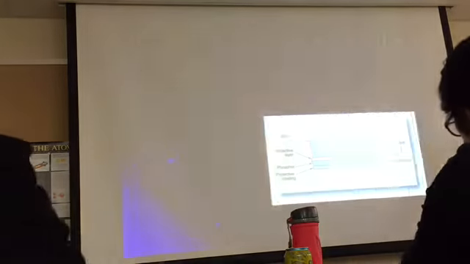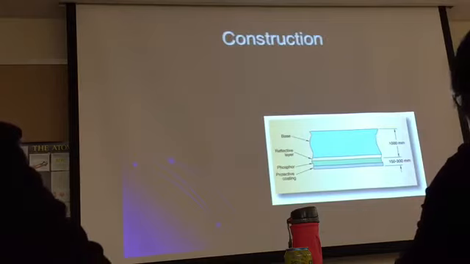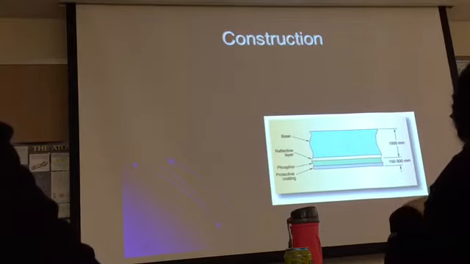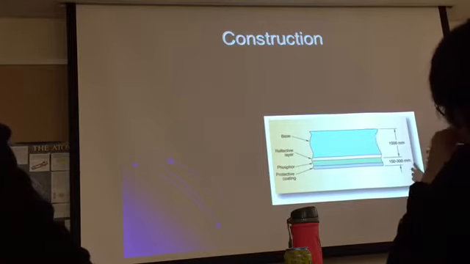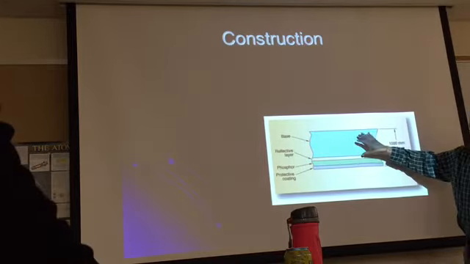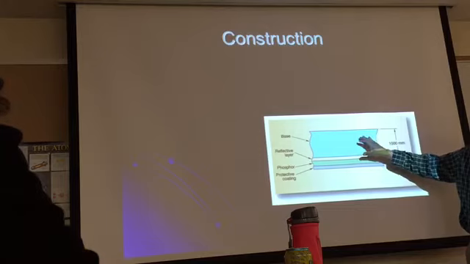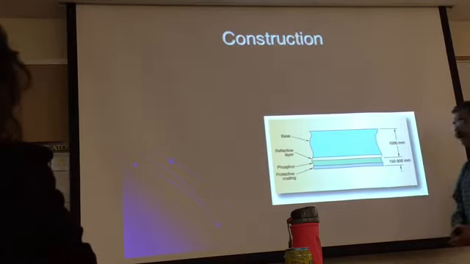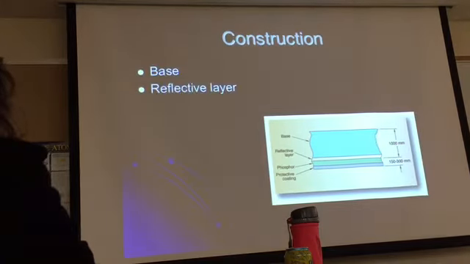Okay, so when we look at the construction of the screen, don't get confused, it's very similar to the way the film is constructed. You have a base, just like film does.